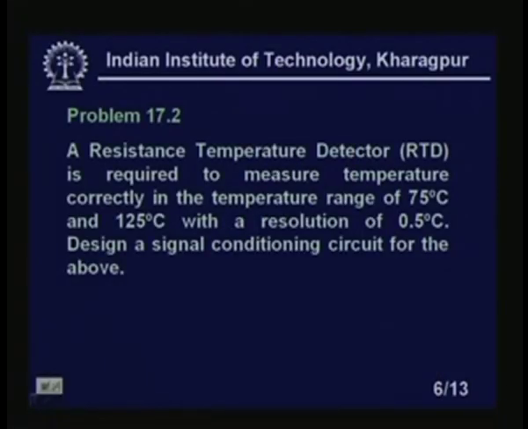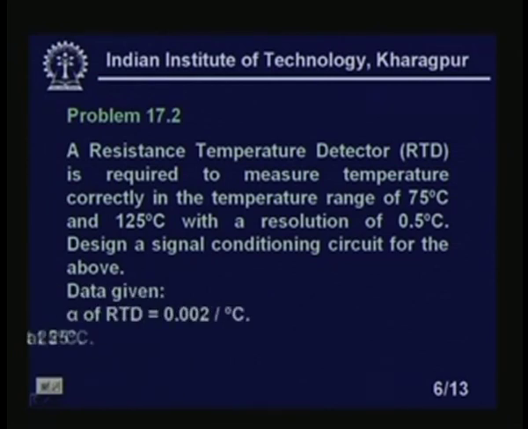So, within that range what will be my signal conditioning circuitry, that we will look at. So, it is 75 degree centigrade and 125 degree centigrade with a resolution of 0.5 degree centigrade. Design a signal conditioning circuit for these requirements, and some data are given.